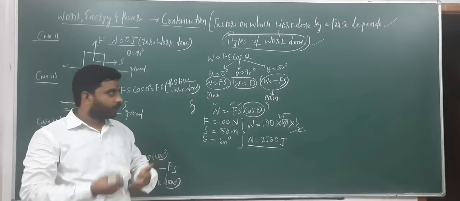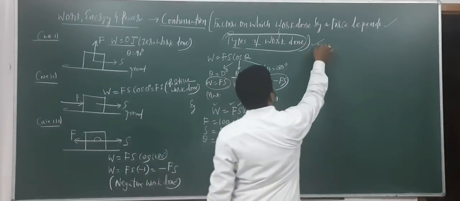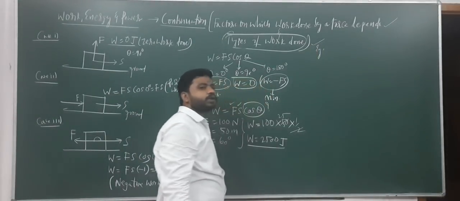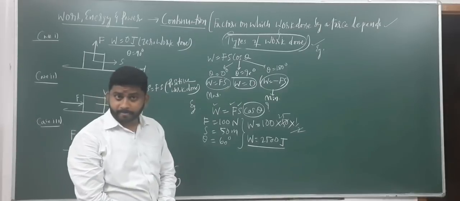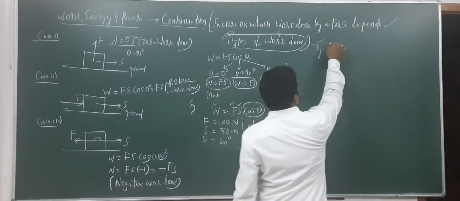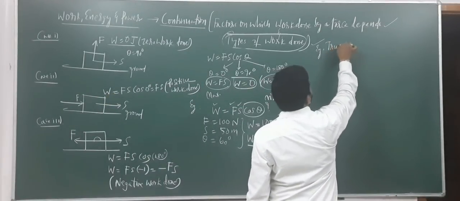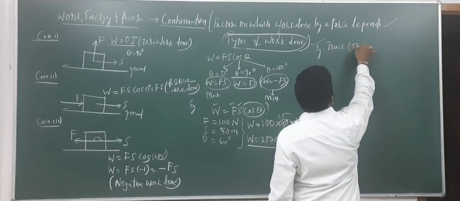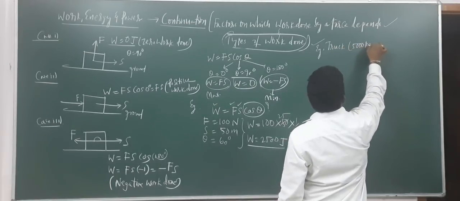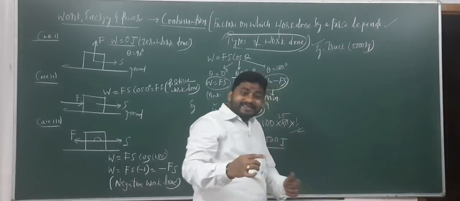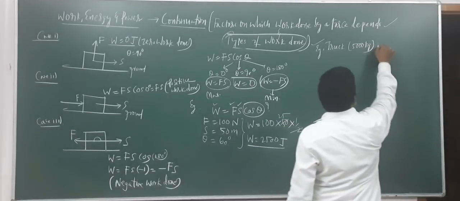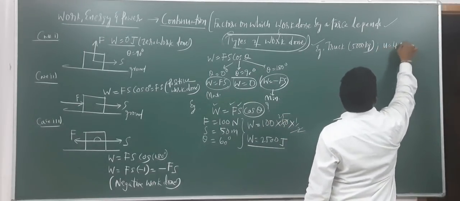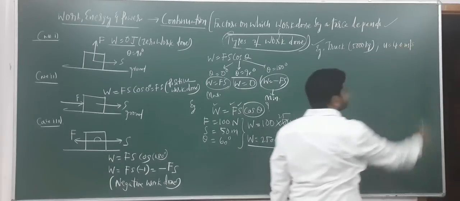Alright? Now, look at one more important and interesting question of the chapter. There is a truck of mass 5000 kg. This is traveling with some initial velocity, I can say 40 meters per second.